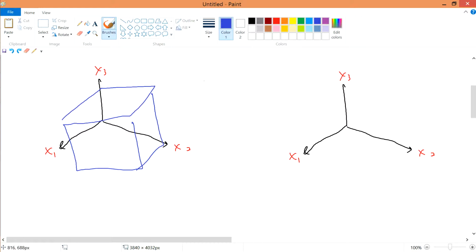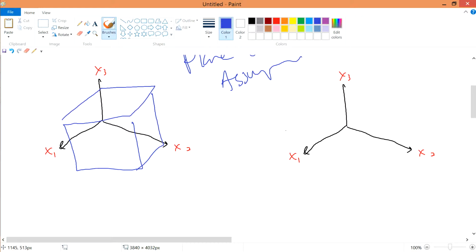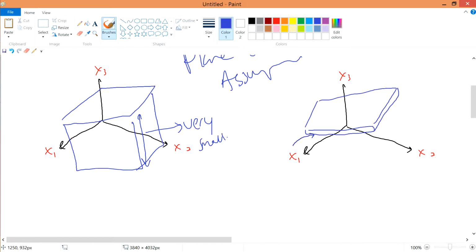But as for plane stress, which is what we're going to do in order to have 3 stresses, we're talking about the plane stress assumption. And what we assume is that this length over here is very small. So small that relatively you are like this.